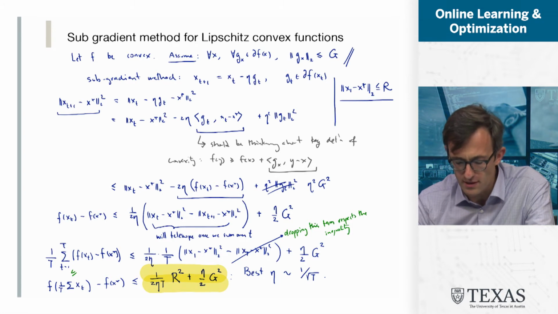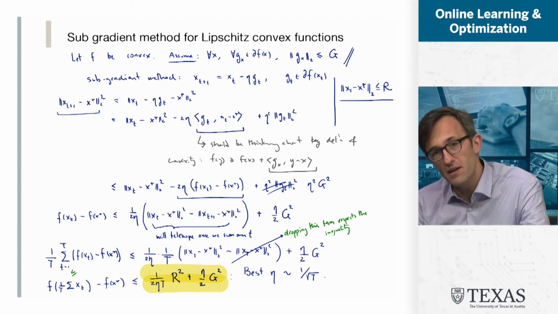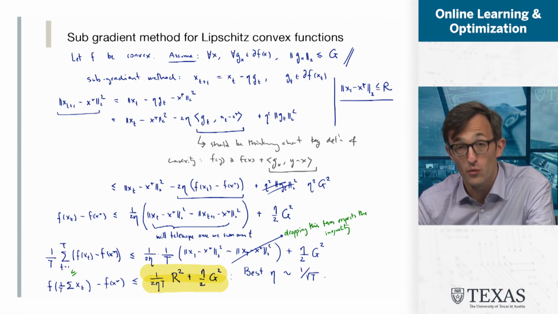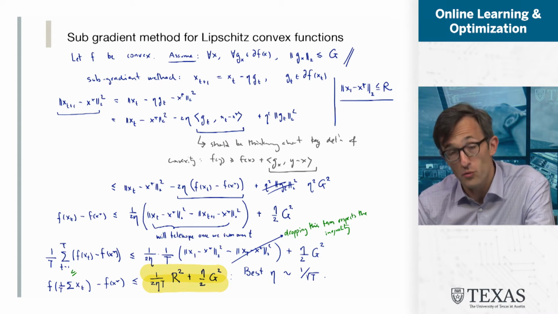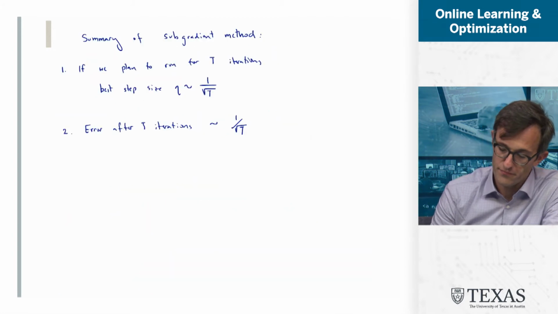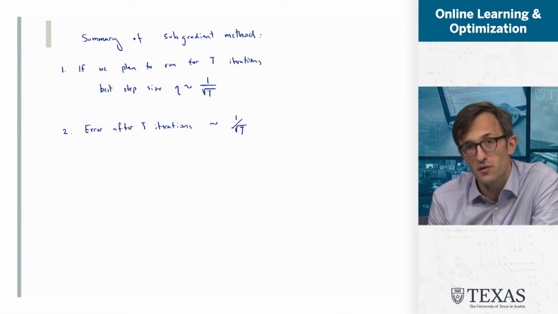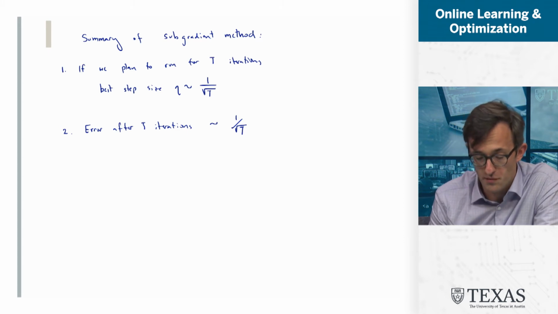Eta is 1 over square root of t, so it's 1 over t divided by root t. That's 1 over root t. That's the first term. It scales like 1 over root t. And the second term is eta times some constants. So again, 1 over square root of t. So our error after t iterations scales like 1 over square root of t.